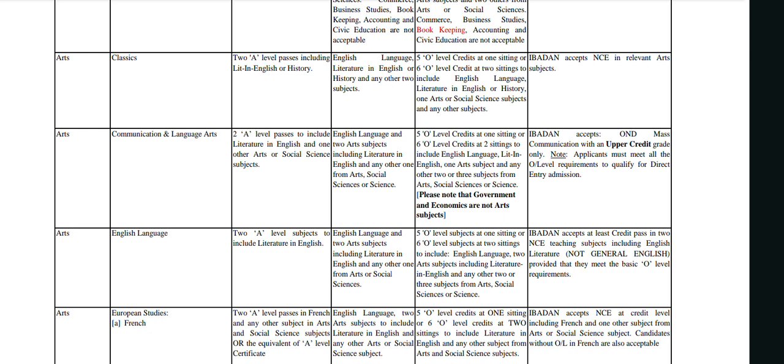That's for those who have Cambridge A level. But those who are using OND, they should possess at least upper credit grade. Anything lower than that, forget about it.